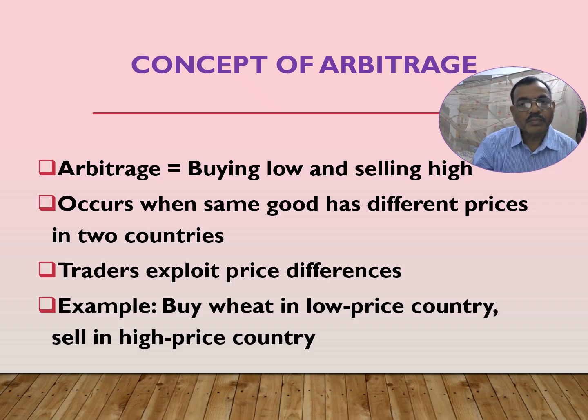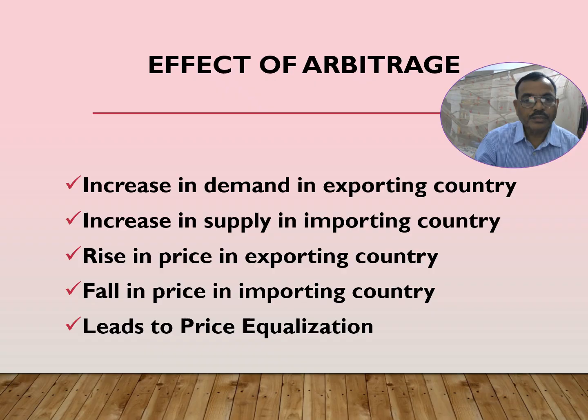But what happens when arbitrage continues? Let us examine its effect. When traders start buying from the low price country, demand in that country increases. As demand increases, price also rises.